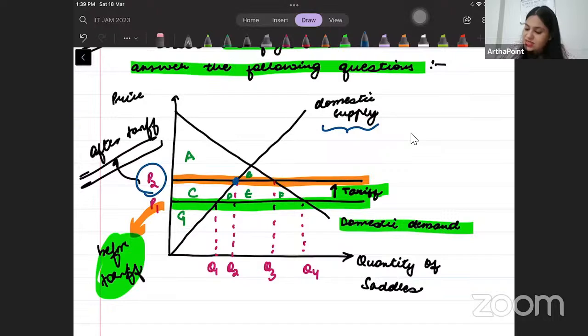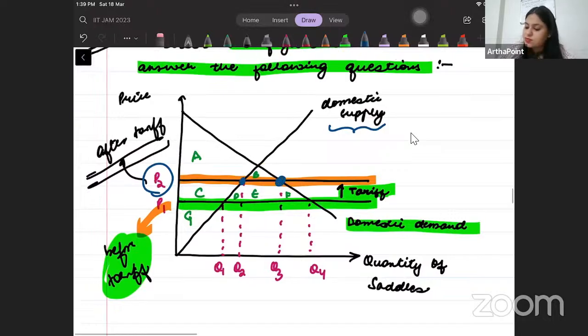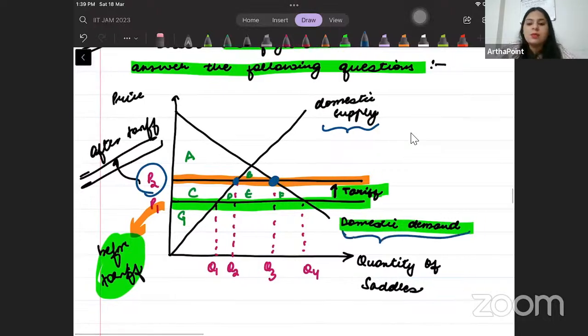And at this price, demand is this much. But it does not matter what demand is. If only Q2 units are supplied in the market, then I have to only supply these many units, right?